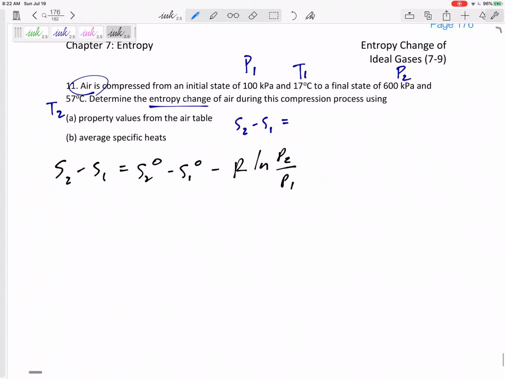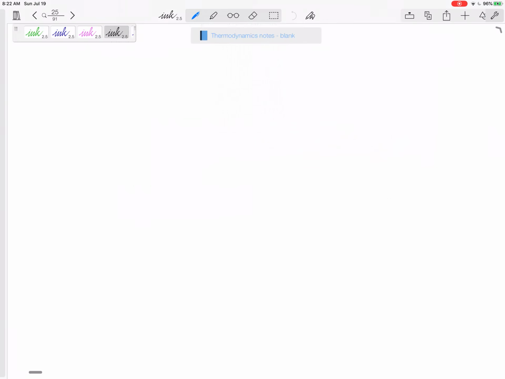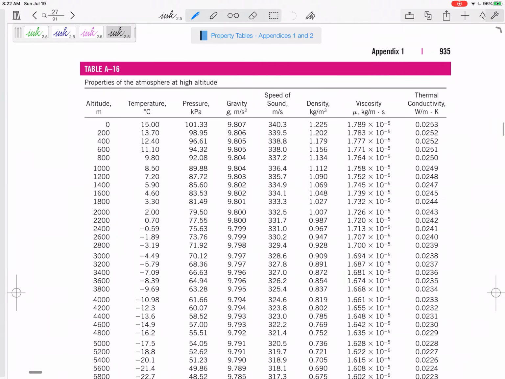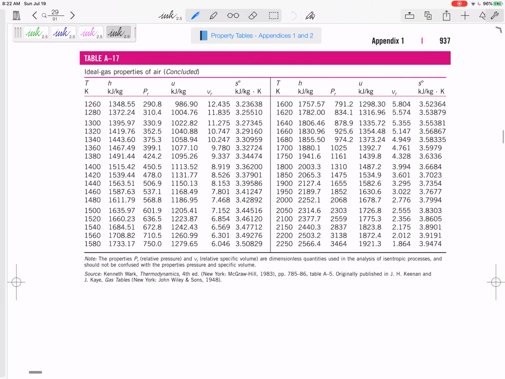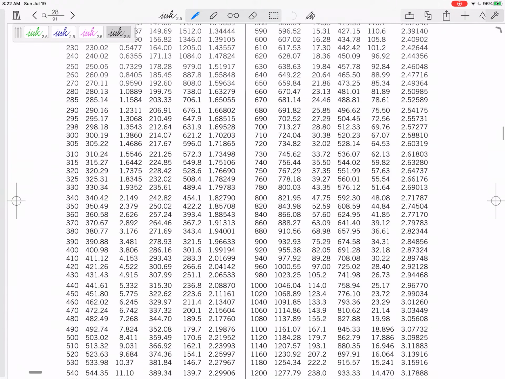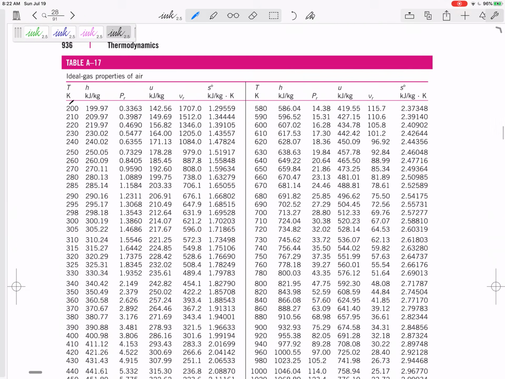So, from the property tables, A17, let me get this S naught. Let's go to the property tables. Table A17 for air, and here's this S naught. All right, what temperature are we at? We were in Kelvin.